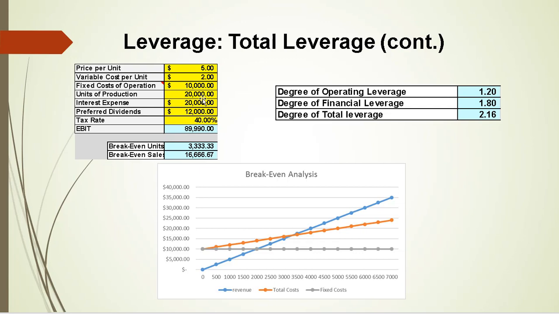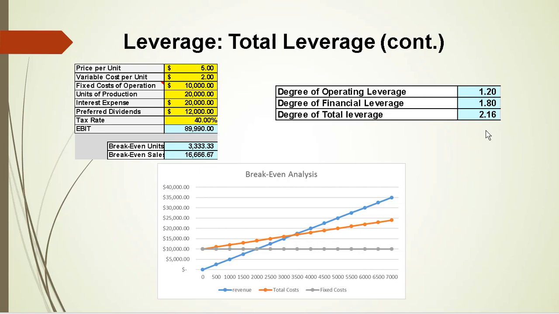They are actually selling 20,000 units, so they're absolutely going to be profitable. What we want to look at to the right, though, is the impact. The degree of operating leverage is 1.2, financial leverage is 1.8, and the degree of total leverage is 2.16.